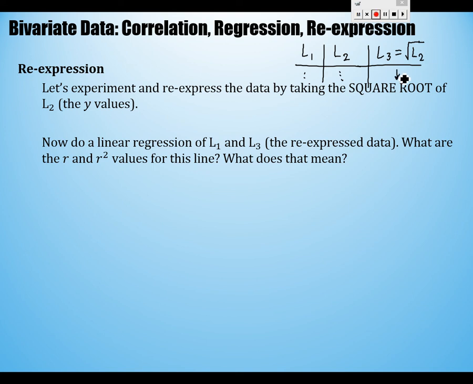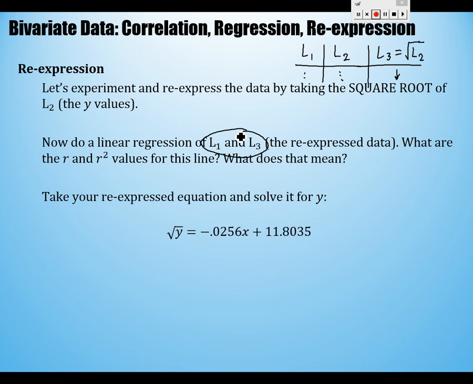Once you press enter, it should populate the whole column with the square root of all the values in L2. Then, when you're ready, run a regression of L1 and L3. Tell me how that goes for you.